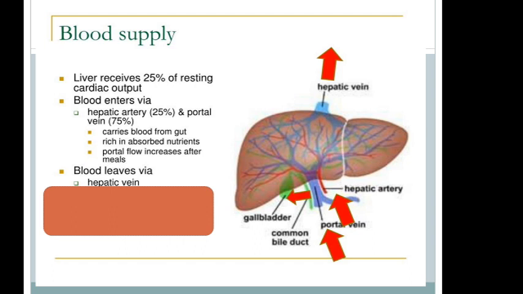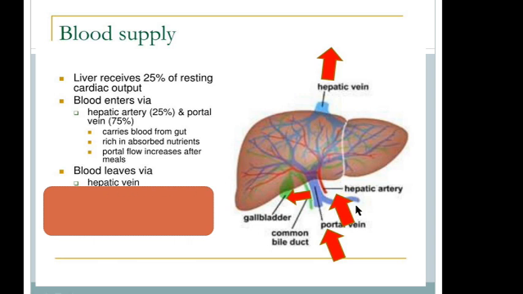It receives 1500 ml per minute of blood, which is 25% of the resting cardiac output, and blood enters via the hepatic artery 25% and the portal vein 75%. The portal vein carries blood from the gut, rich in absorbed nutrients. Portal flow increases after meals. Blood leaves via the hepatic vein.